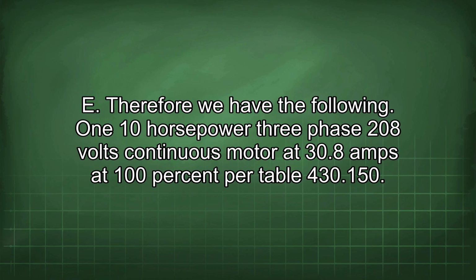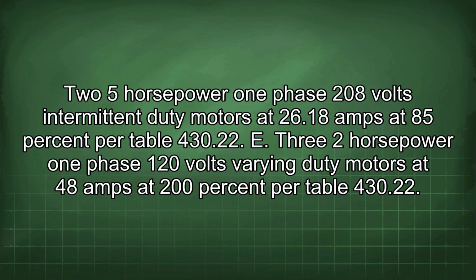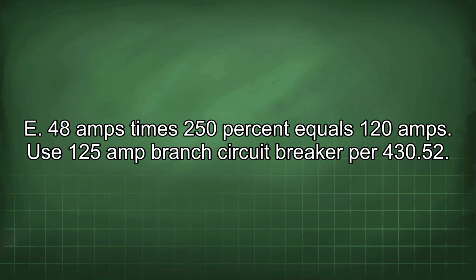Therefore, we have the following. 10 horsepower 3-phase 208 volts continuous motor at 30.8 amps at 100% per table 430.150. 2 5 horsepower 1-phase 208 volts intermittent duty motors at 26.18 amps at 85% per table 430.22. 3 2 horsepower 1-phase 120 volts varying duty motors at 48 amps at 200% per table 430.22. 48 amps times 250% equals 120 amps.